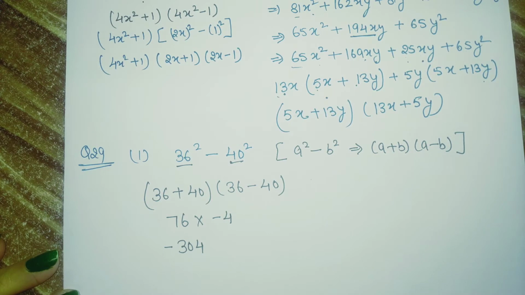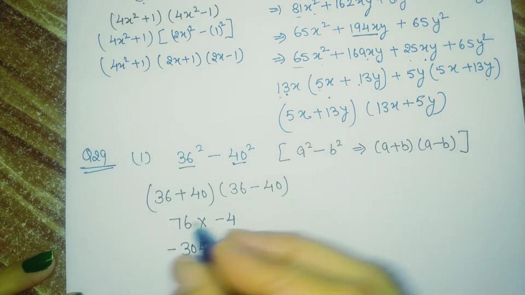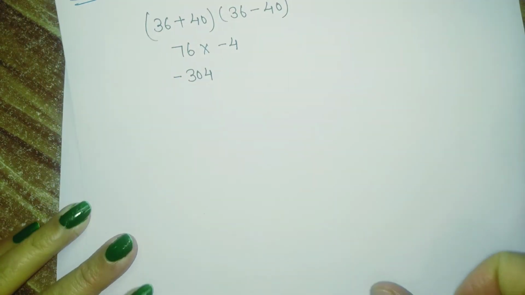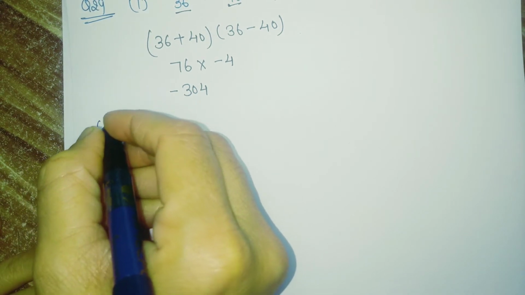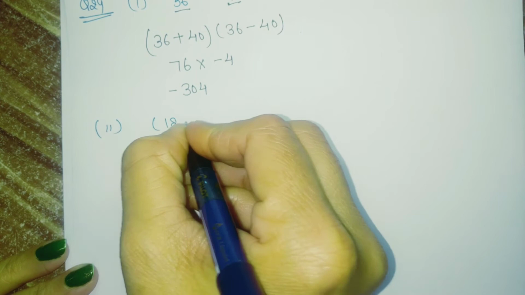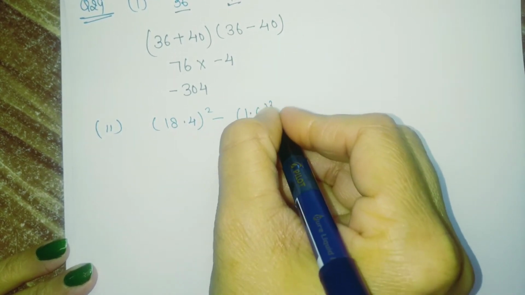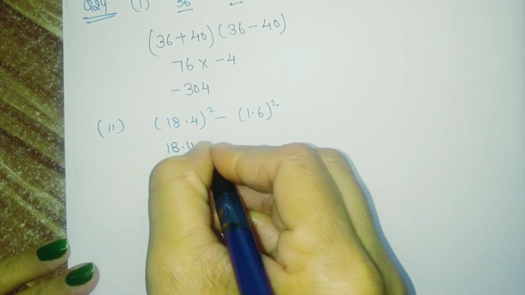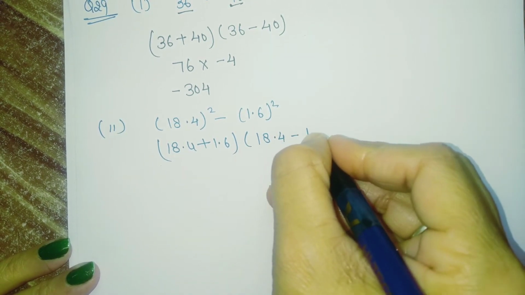Let's take one more part of question number 29, that is the second part. In the second part they have given 18.4 square minus 1.6 square. Same identity we are going to use here, students. First a plus b, so 18.4 plus 1.6, and a minus b, that means 18.4 minus 1.6.